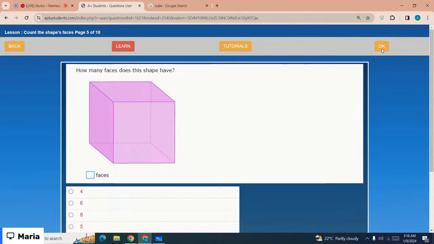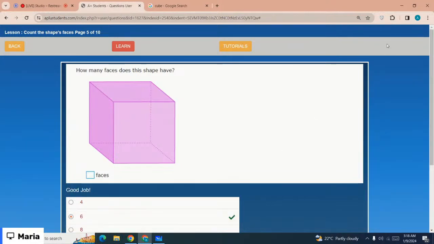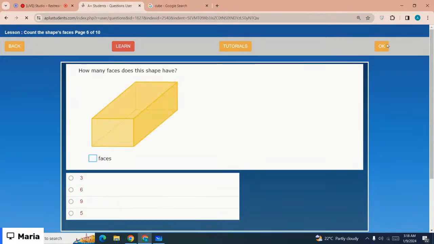How many faces does this shape have? Yes, the shape has exactly six faces because that is a cube and a cube has six faces.